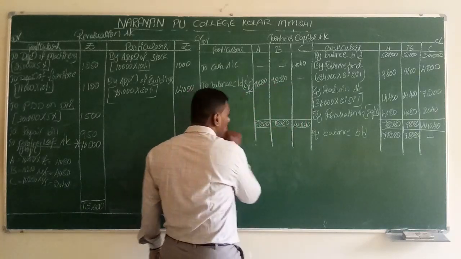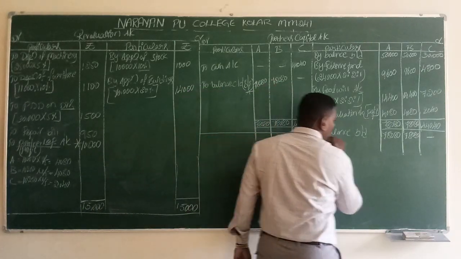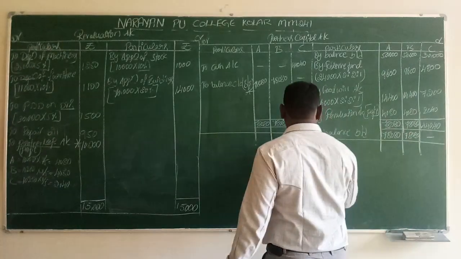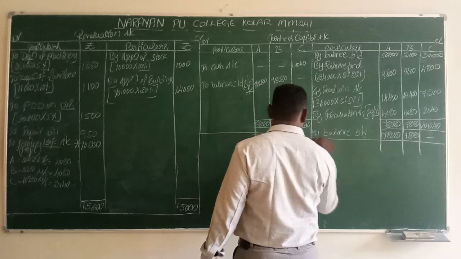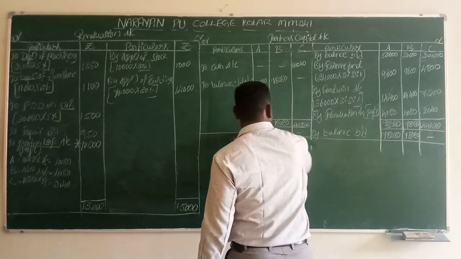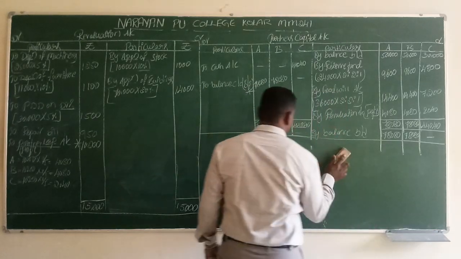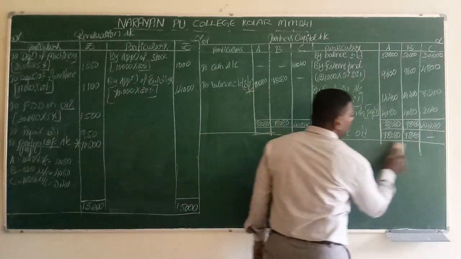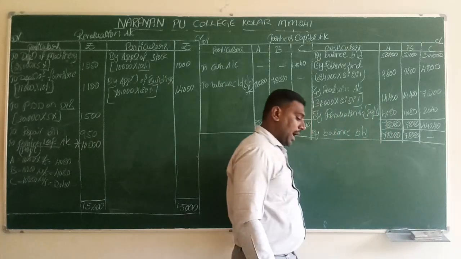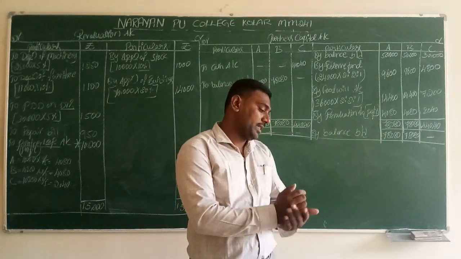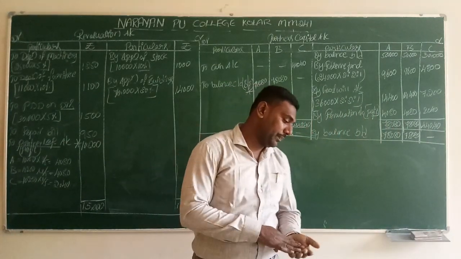Now we close the columns for all three partners, including the retiring partner. In this manner we prepare the partners' capital account. This is the exact value they are given.